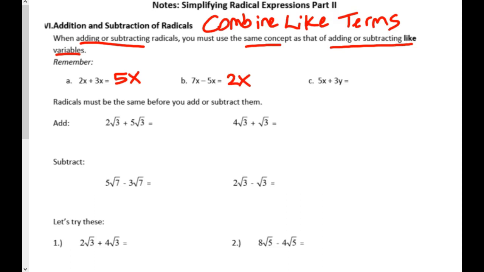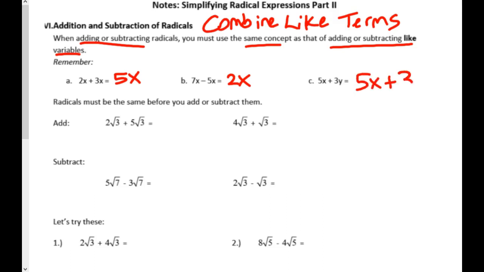Now, what's weird about letter C? We have 2 different variables, right? So do we make it 8x, 8y, 8xy? Well, you can only combine like terms. These are not like terms, so we don't combine it. We're going to leave it exactly the way we started.